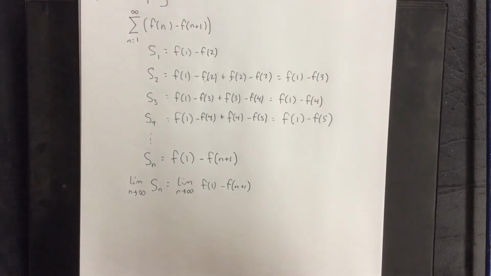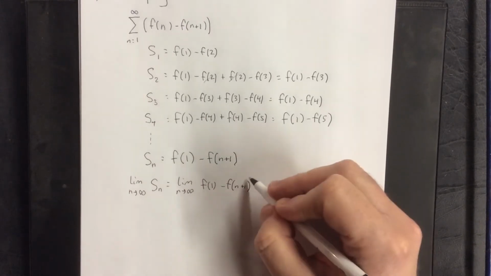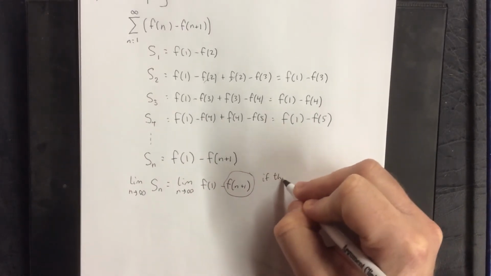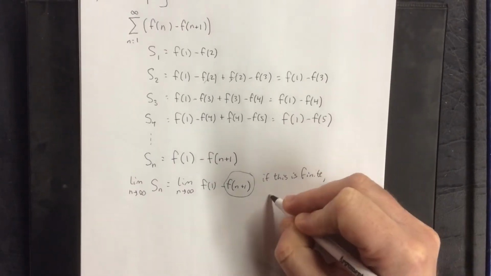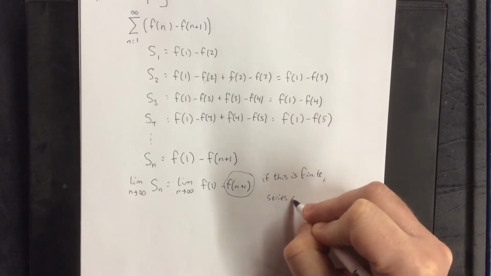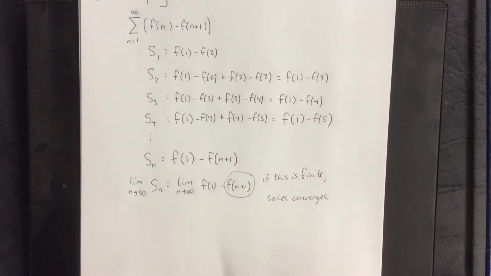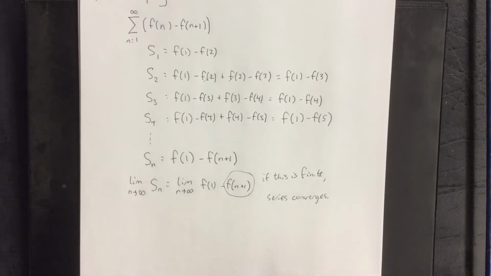So generally the rule is that if this limit as n approaches infinity is finite, the series converges. Now because it is a limit at infinity, typically what we'll see out of this is something that goes to 0. Not necessarily the case though.